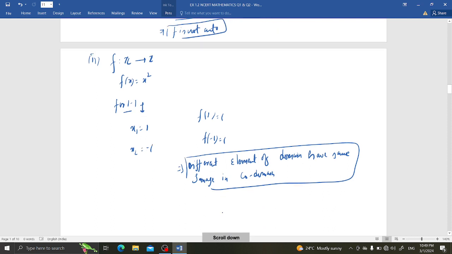What will happen? It implies that f is not 1-1.